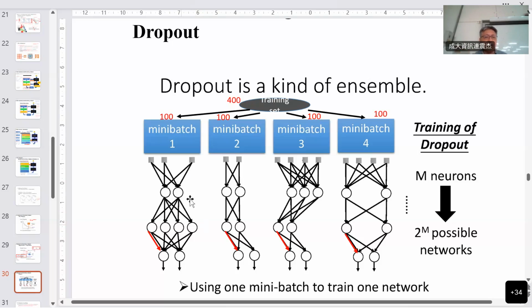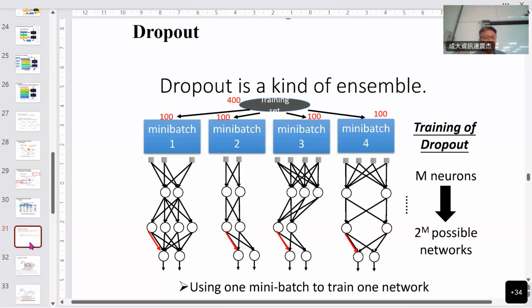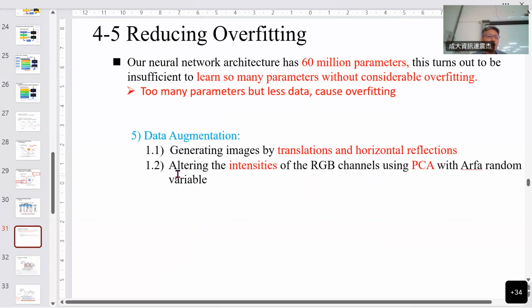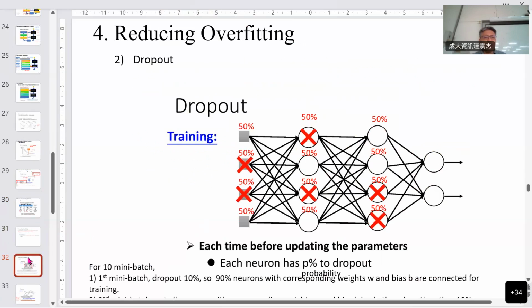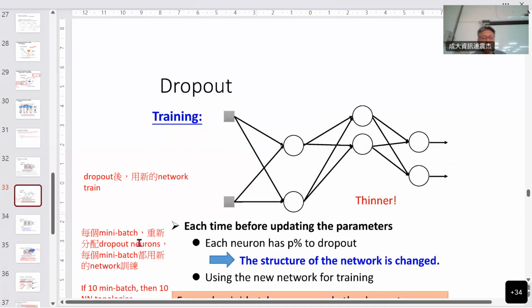I just keep it. Each time I randomly pick and drop out 50%, and they will do it for you. So each time 50% of the cells are frozen, and the others keep updating. It's called dropout.